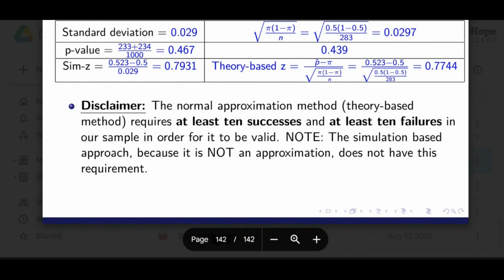You need at least 10 choosing candy and at least 10 choosing a toy. If you have that, you are free to use the theory method. If you had a very small sample, 5 children chose candy and 3 chose a toy, you should not be using the theory-based method. You should simulate.